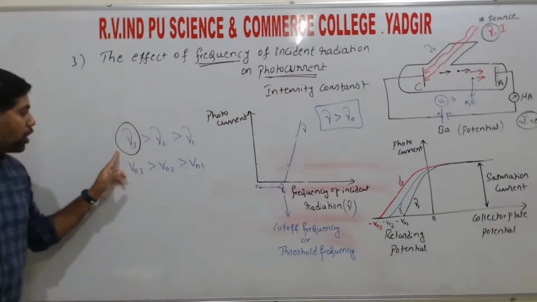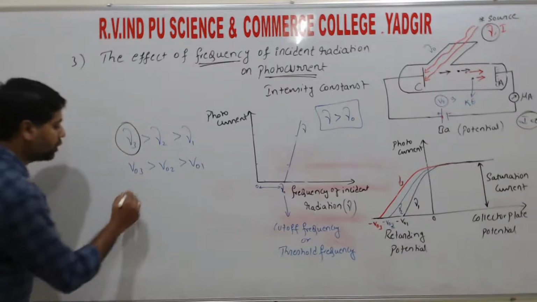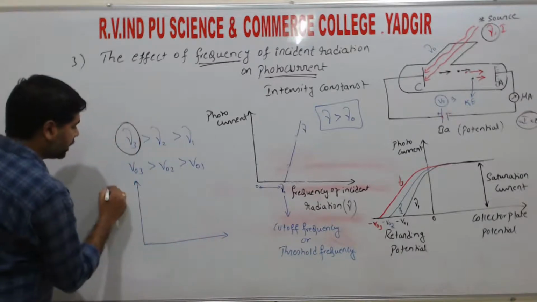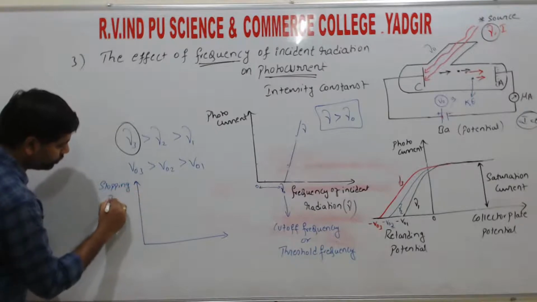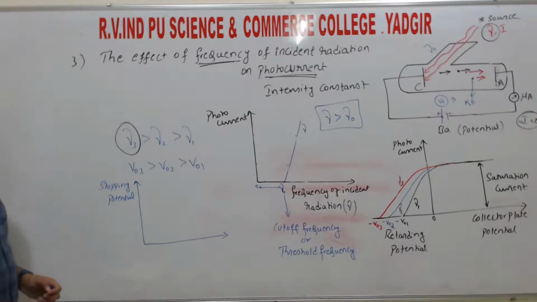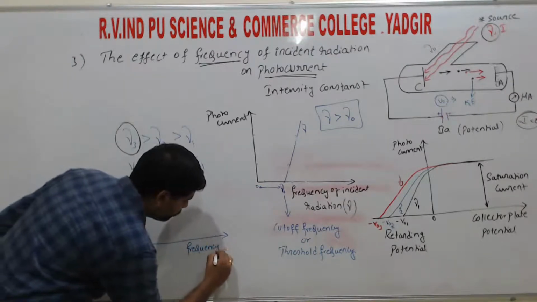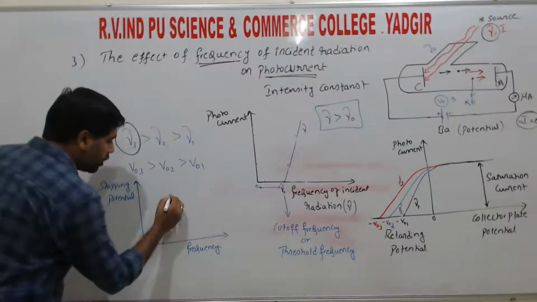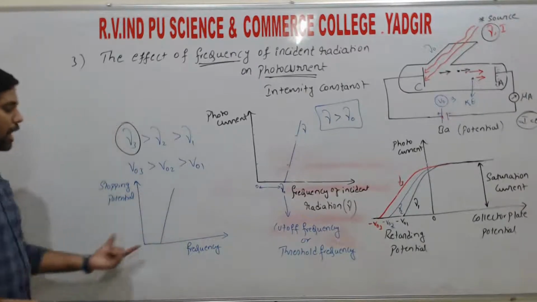If we plot the graph of frequency to the stopping potential, right? Taking stopping potential along the y-axis and frequency of the incident radiation along the x-axis, here also we get the same curve like this.